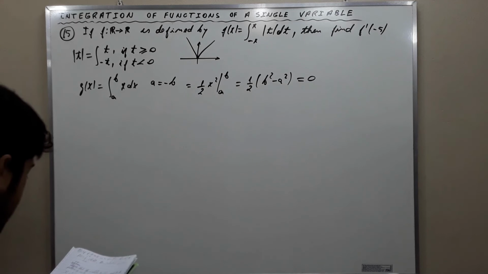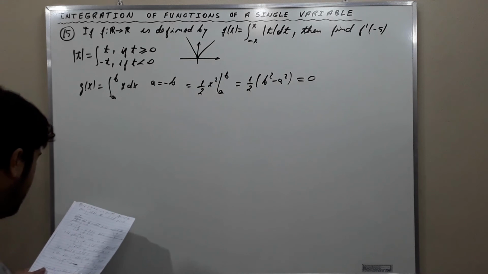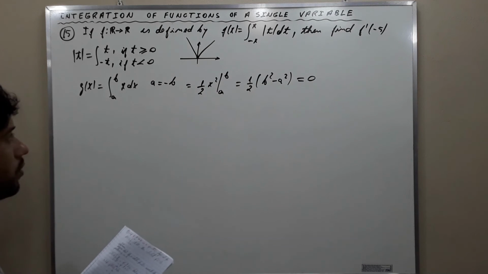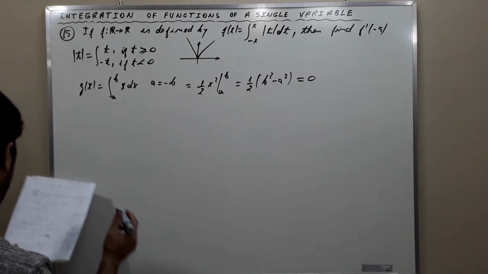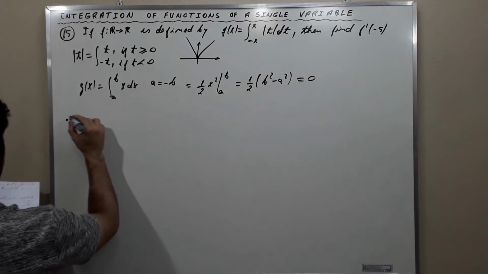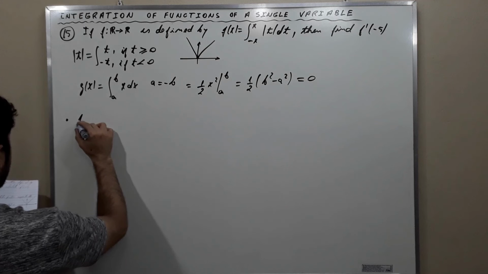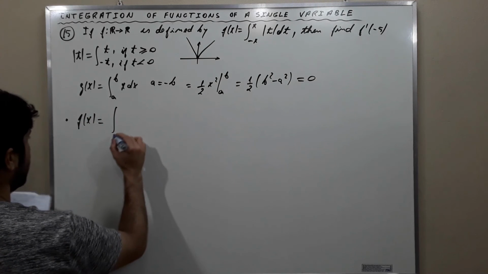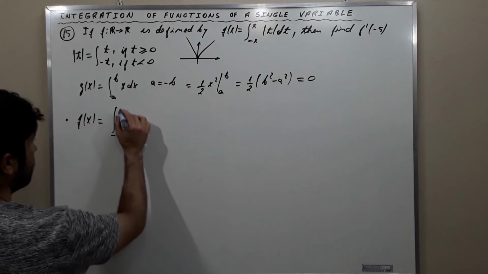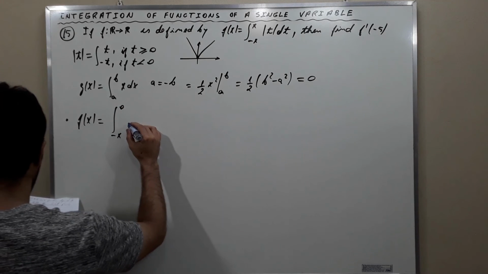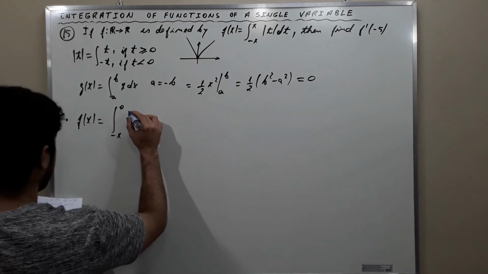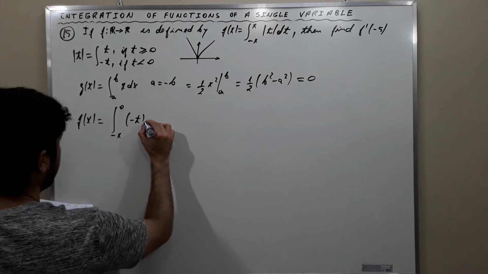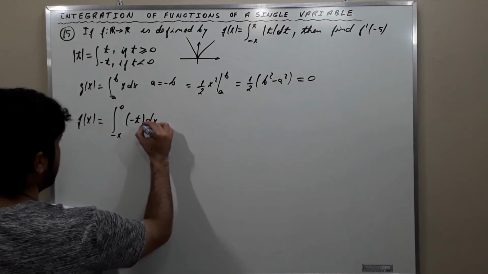It is required to calculate in another way, and the way for calculating this is going to be this way here. We're going to observe that f of x is equal to the integral from negative x to 0 of negative t dt.